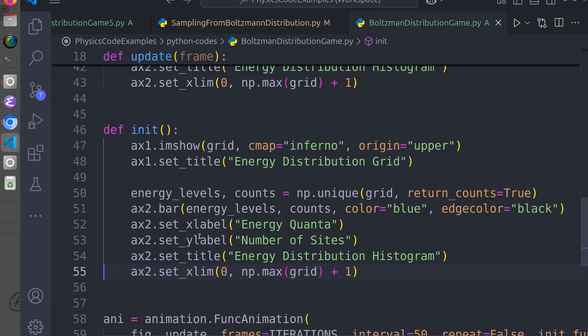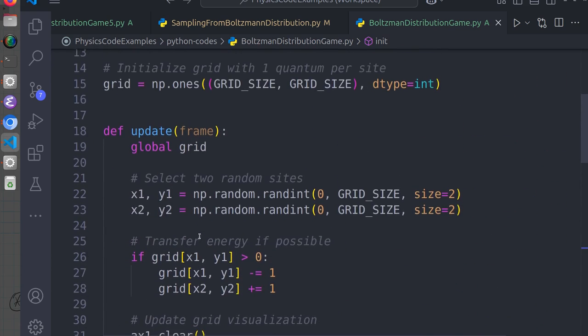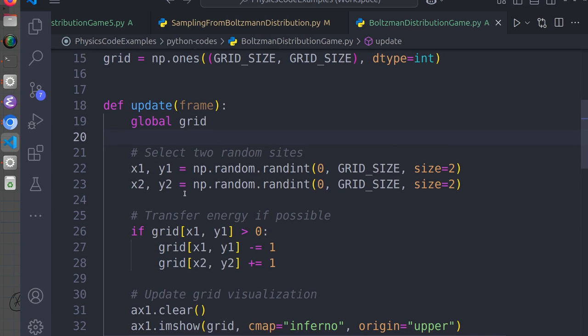Okay, and then there is the method for making updates, and it's going to need the grid variable. So it's global grid is being used inside the function, right? And here 2 points are selected randomly. So x1 and x2 is like the initial point.